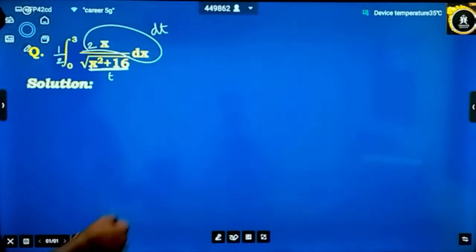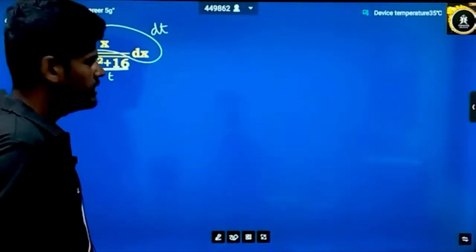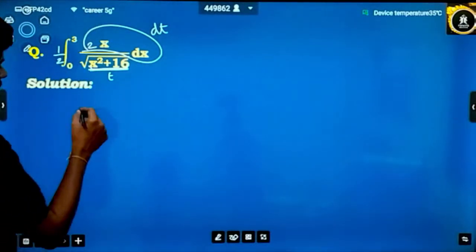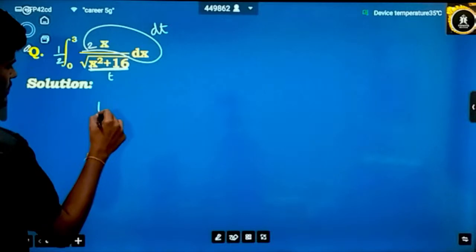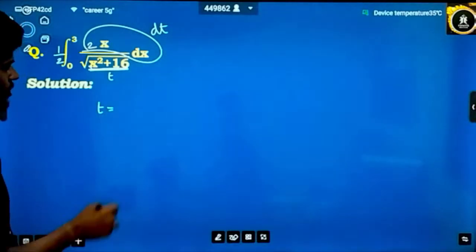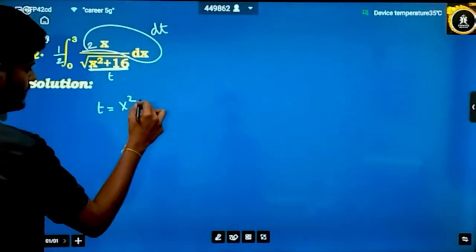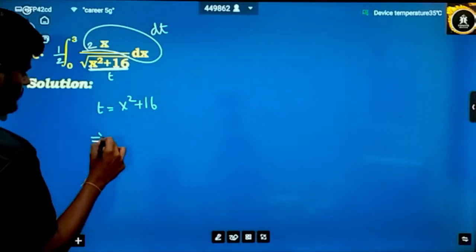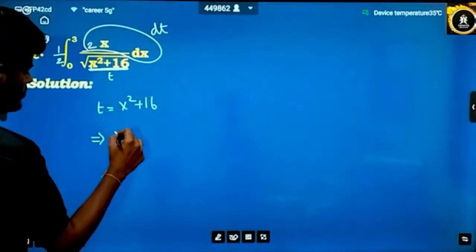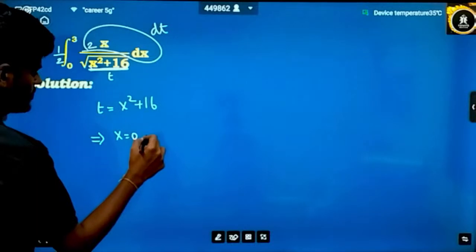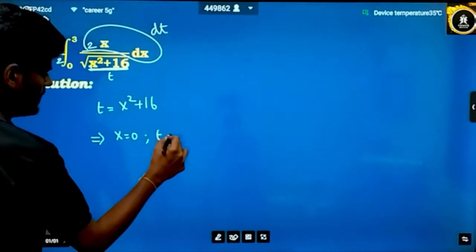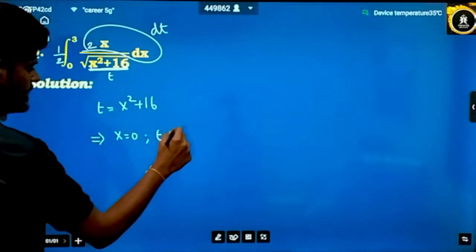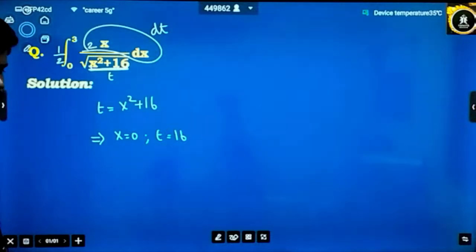We already know the formula. That is equal to 2 root t. So what we are going to do is, take t is equal to x square plus 16. That means when x is equal to 0, t will be 0 plus 16, that is 16.